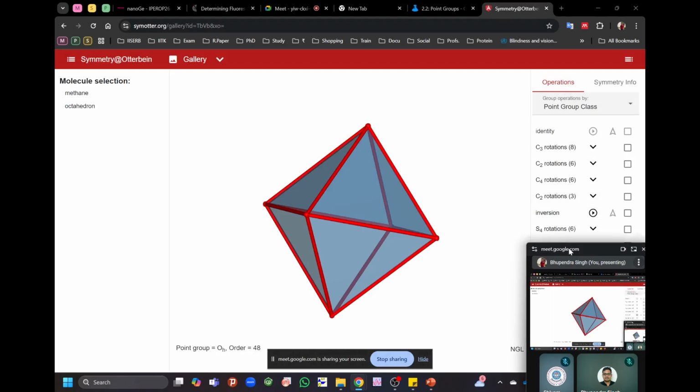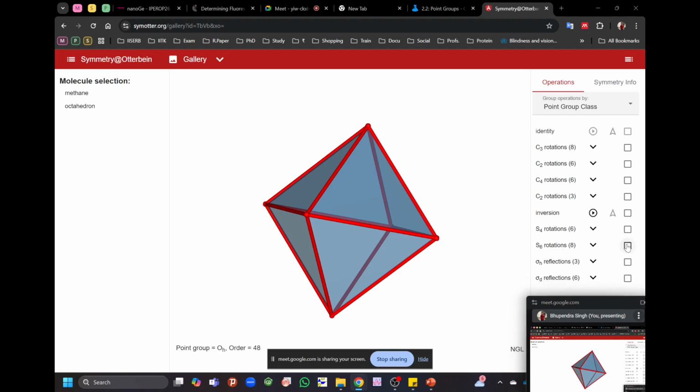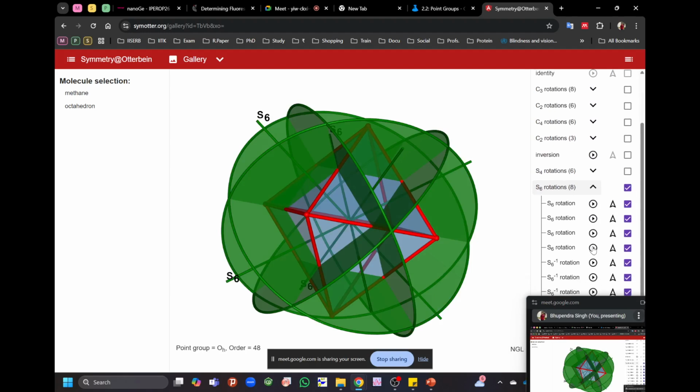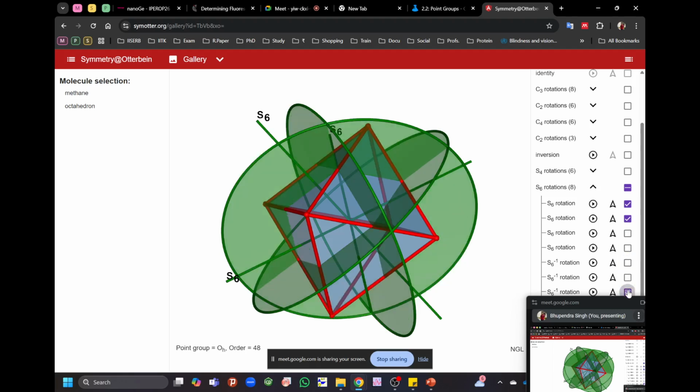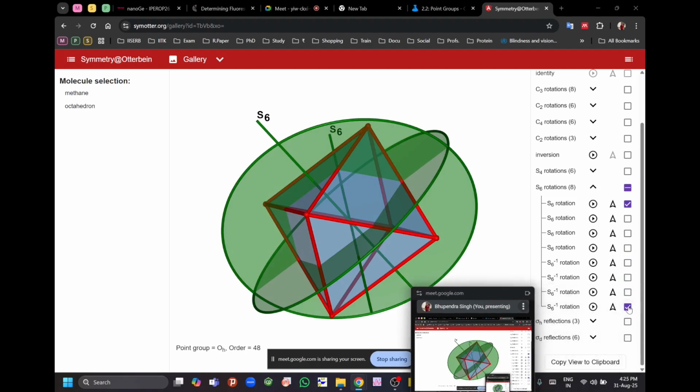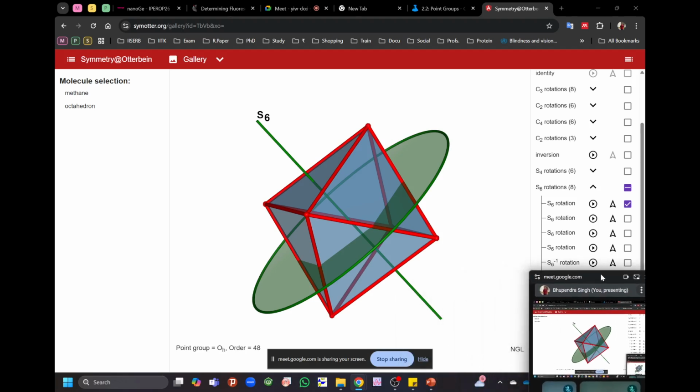Oh, a lot of axes are there. Now I am playing the animation.